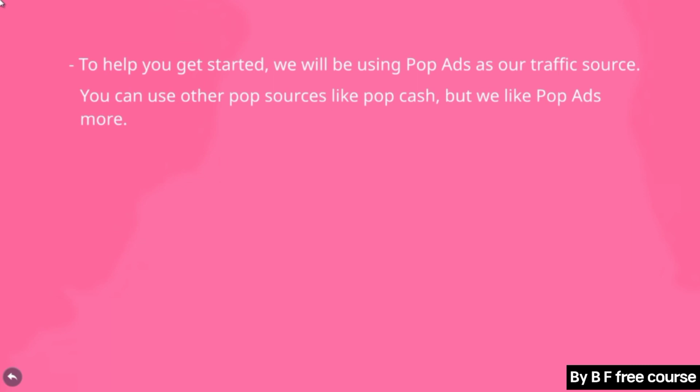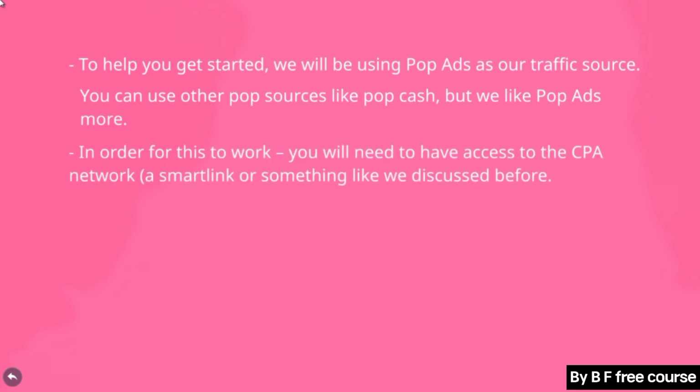Now, in terms of the offers that convert really well with PopAds, number one, you want to definitely get something targeted. And number two, if you utilize something like a smart link, it's so smart that usually it can figure out what that person would like.